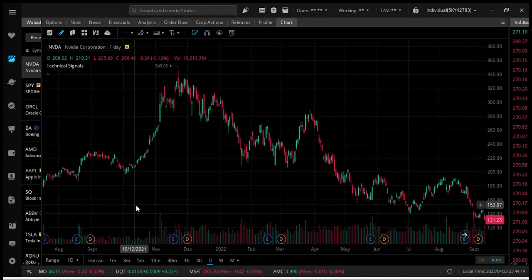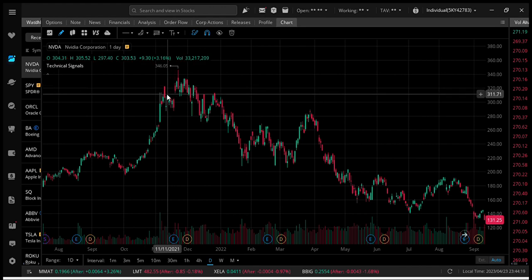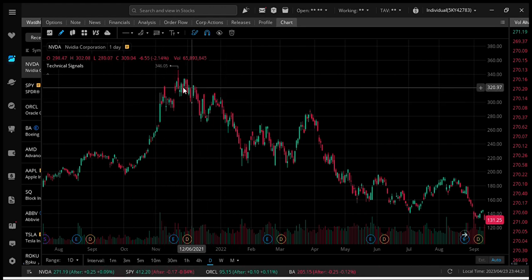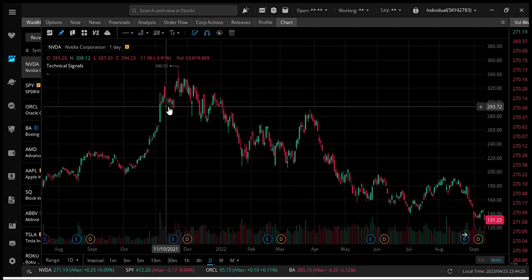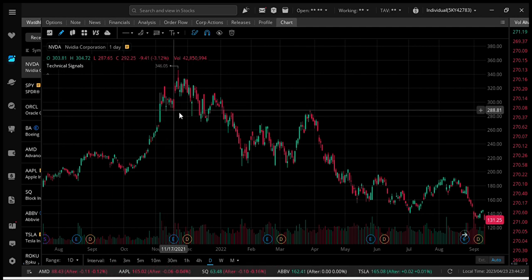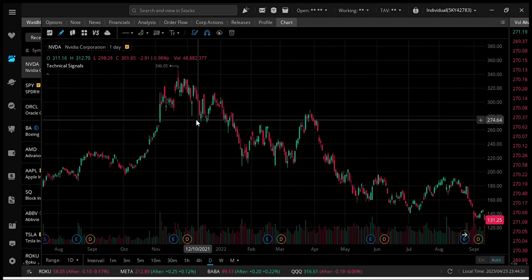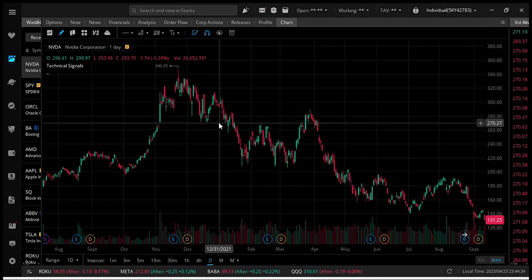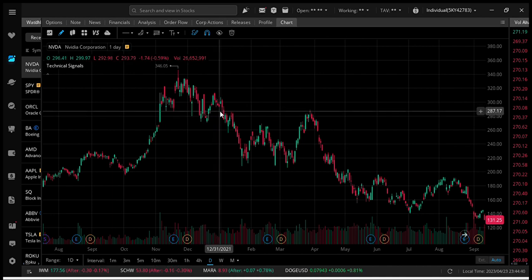Inverse head and shoulders. And see, like this right here, you got the shoulder, you got the head, with your neckline. The neckline has got to be right in here.